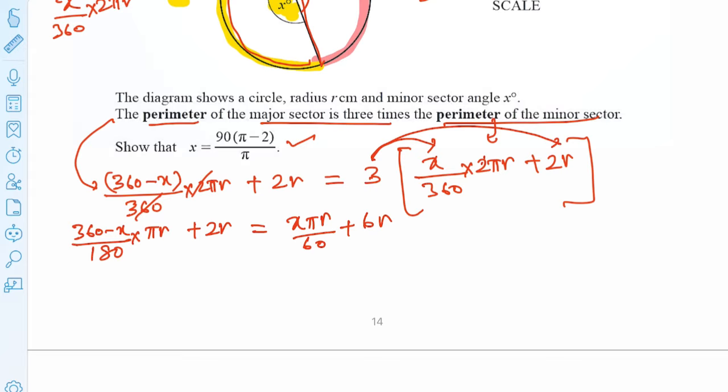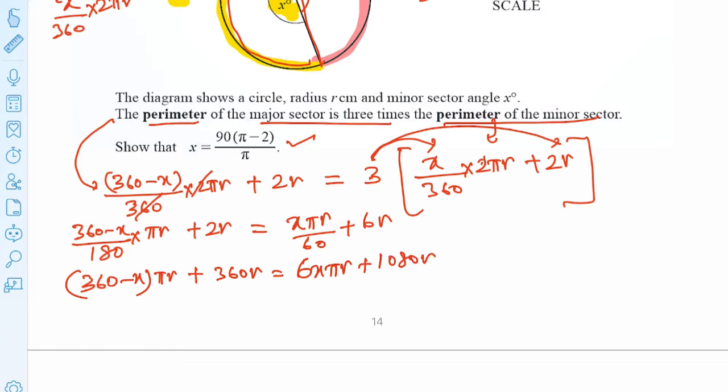Okay, now I think we can multiply 180 to every term. If I multiply by 180, you will get 360 minus x pi r plus 360r, that equals, 360 divided by 60 is 6, so 6x pi r plus 1080r.